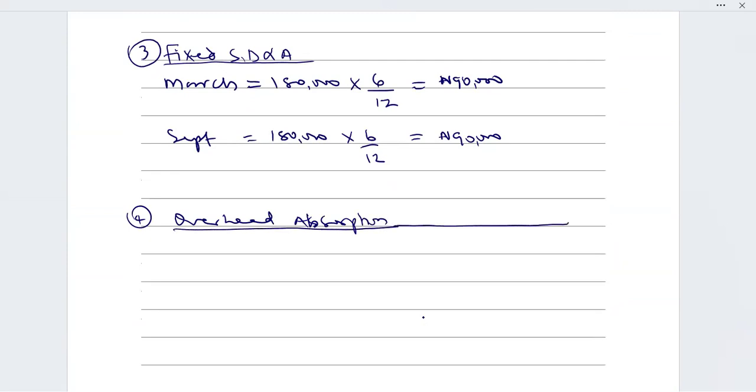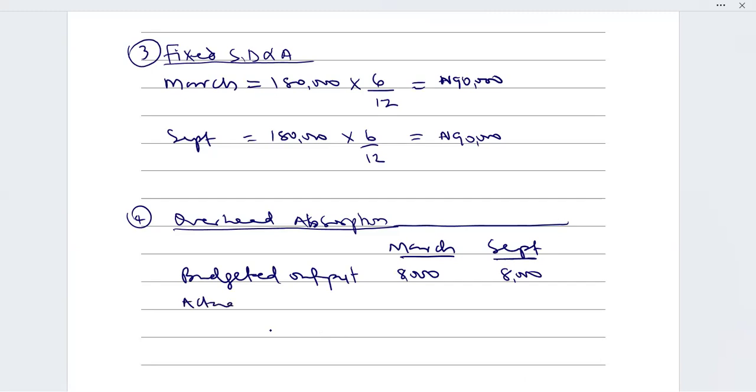So we have period ending March, then September. Budgeted output for the whole year in 2022 is 16,000. 16,000 divided by 2 is 8,000, then 8,000.